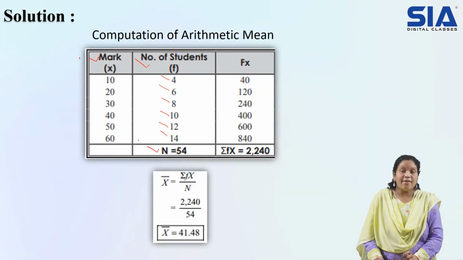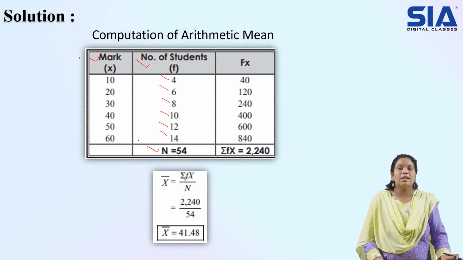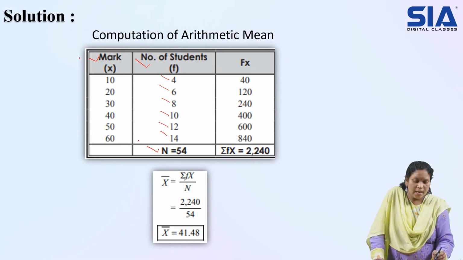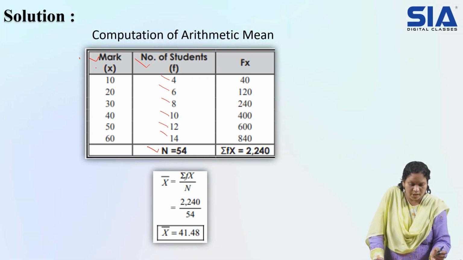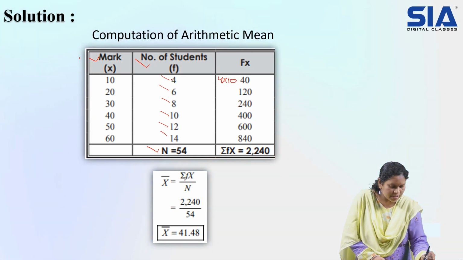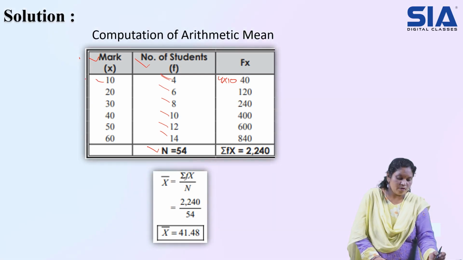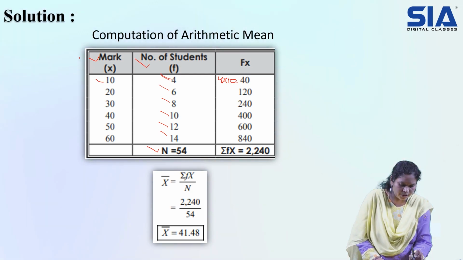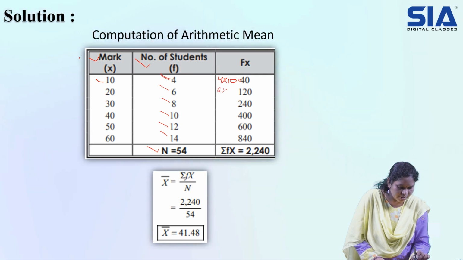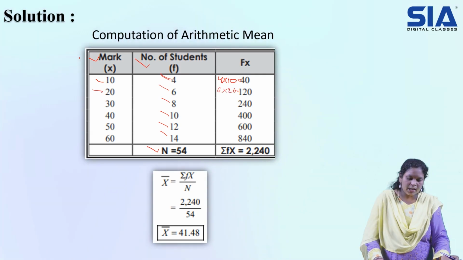Let us go for the fx column. Just now we checked in the steps that fx we need to do, that is frequency multiplied with x. So 4 into 10 you have to do: first value of frequency multiplied with first value of marks. So 4 into 10, 40. Similarly, go for the next value. F value is 6, x value is 20. 6 into 20, 120.